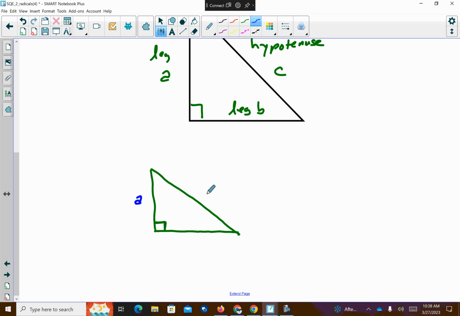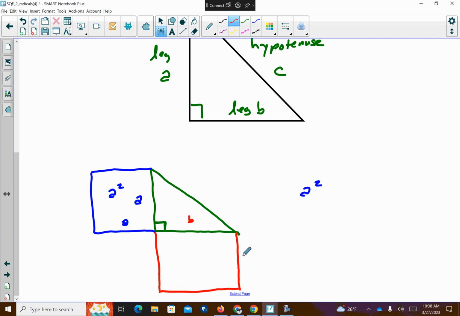So this means a squared. So let me draw what a squared means. This is an a by a square, or a squared. You feel comfortable with that? If this is b, then I'm going to draw a b by b square, which is b squared. It is equal to the hypotenuse, which is c.